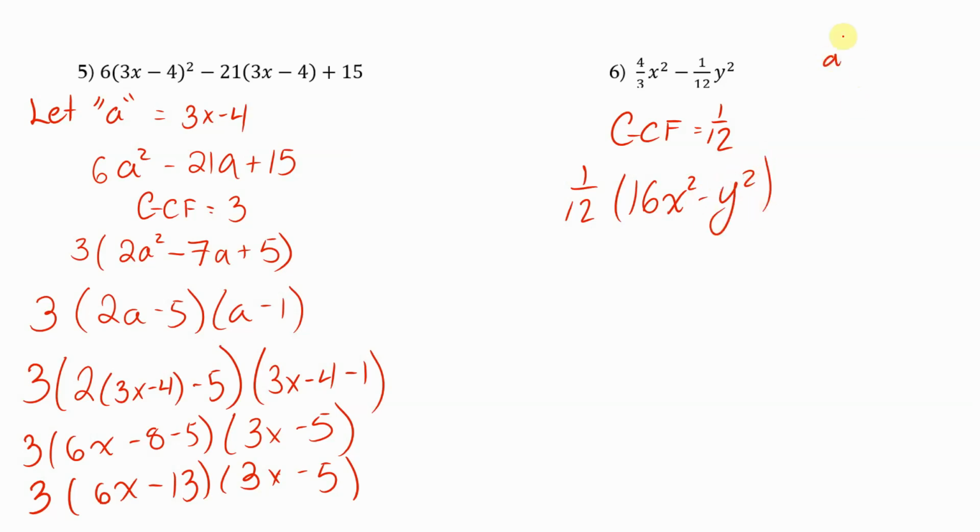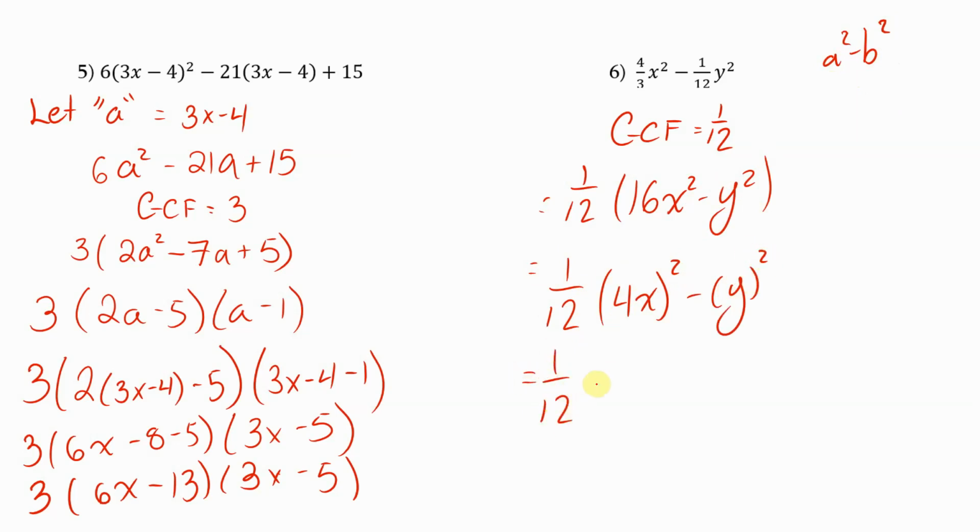Again, this is a difference of squares, a squared minus b squared. So we can just say this is equal to 1 over 12 times 4x squared minus y squared. So we can say 1 over 12, 4x minus y and 4x plus y. There we go. And that is section 3.1, factoring polynomial expressions.